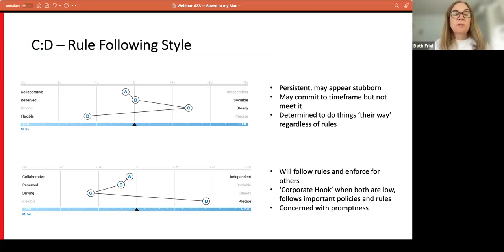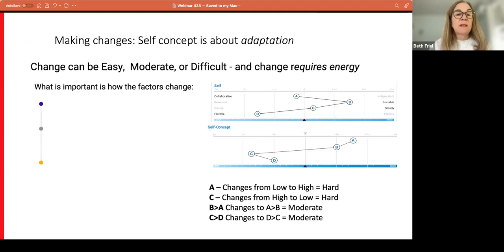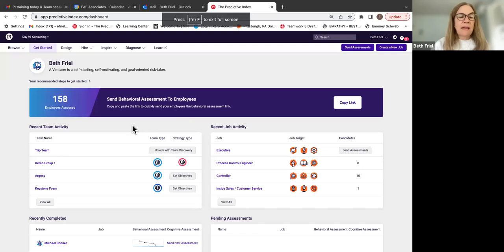Okay, I'm going to jump to self-concept because this is where people think you are kind of a soothsayer. So I'm actually going to share some actual people.